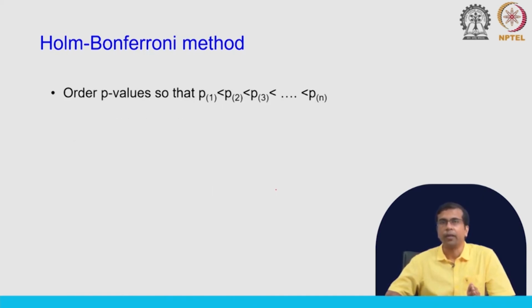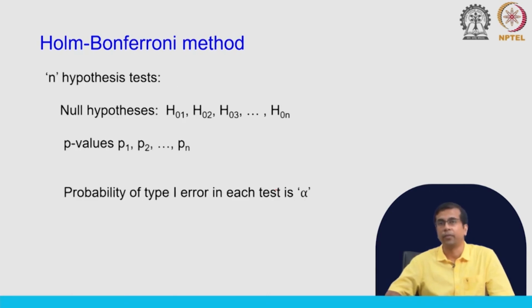We want to keep this alpha across all these n tests. So, after comparing these n genes for differential expression, we still want to keep the probability of type 1 error at alpha.